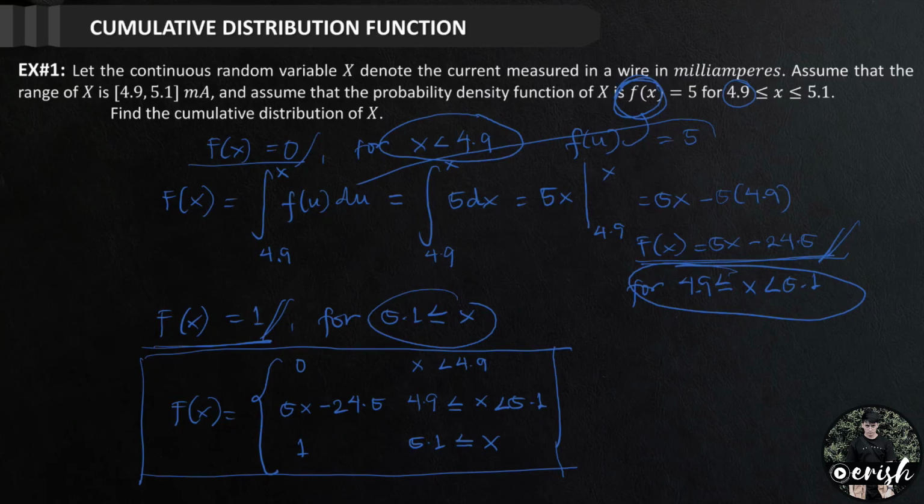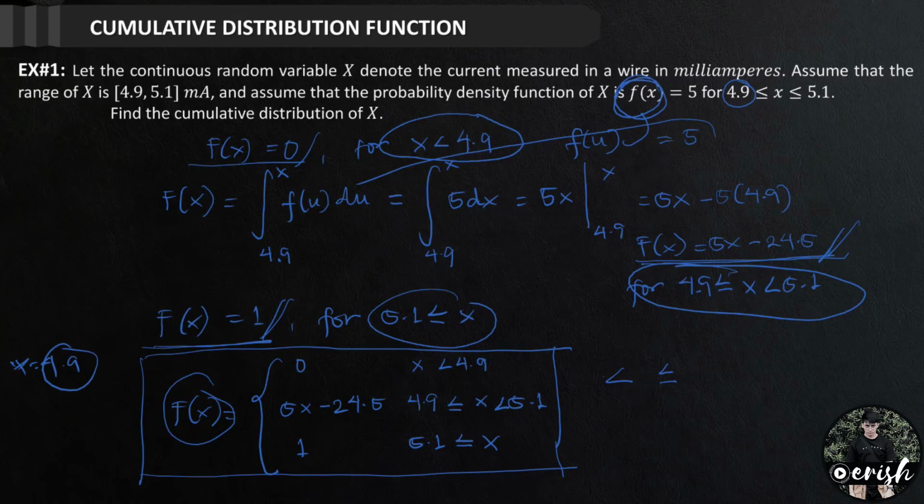Notice that in the definition of the f of x, itong f of x na yan, any symbol na less than, yung symbol na less than, can be changed into less than or equal and vice versa. That is, dito sa example na to, yung f of x natin can be defined as either 5x minus 24.5 or 0 dun sa endpoint na 4.9 dito.